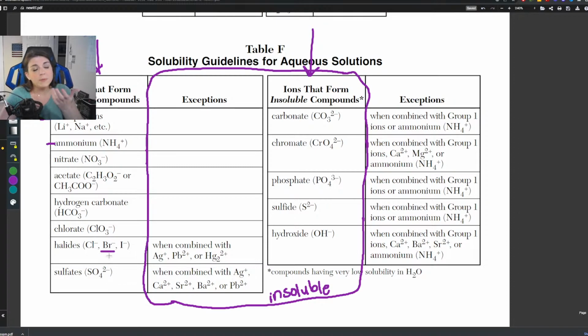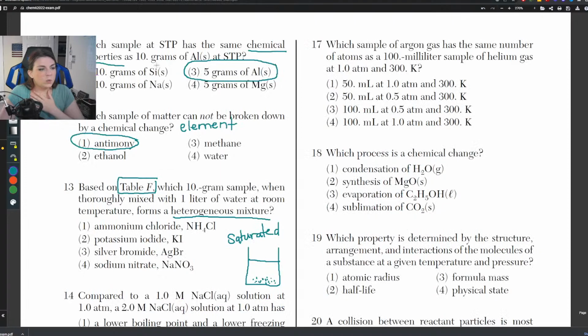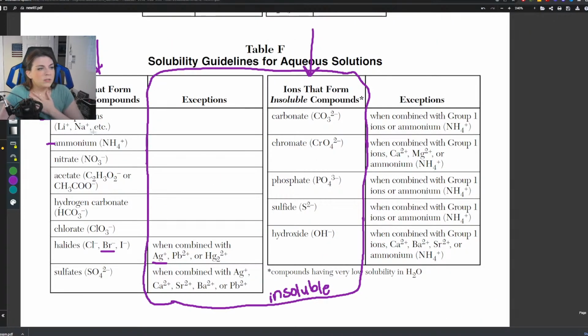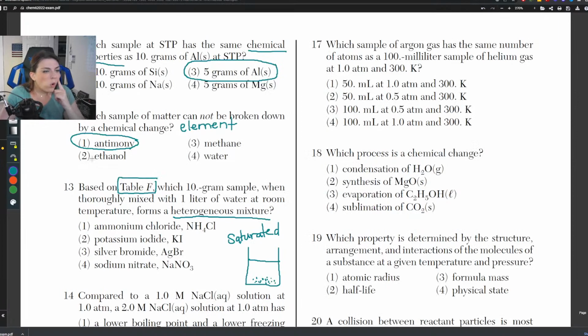Bromine would typically like to dissolve, but silver specifically says, no, we're not dissolving. We're going to stick together. So silver bromide will give us the heterogeneous mixture there. And then finally, we have sodium nitrate, NaNO3. Sodium is a group 1 ion. It always dissolves with no exceptions, and the same is true for nitrate. Always dissolves, no exceptions. So that gives us silver bromide.